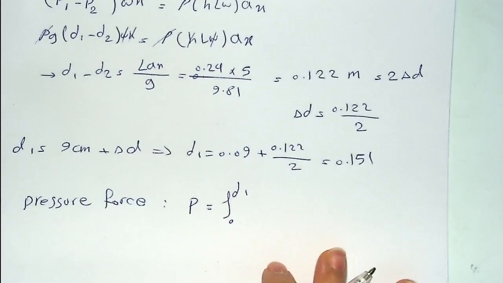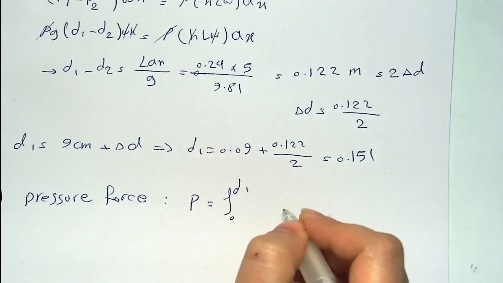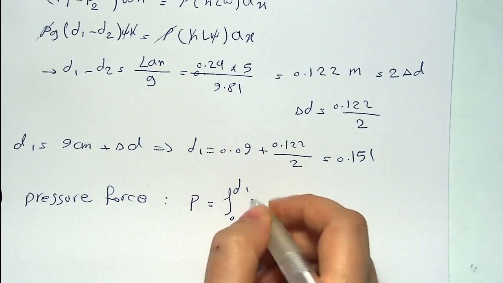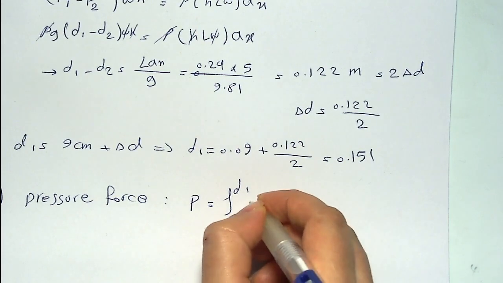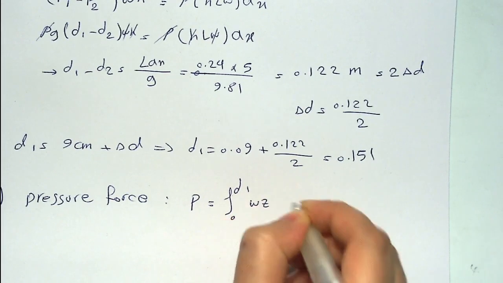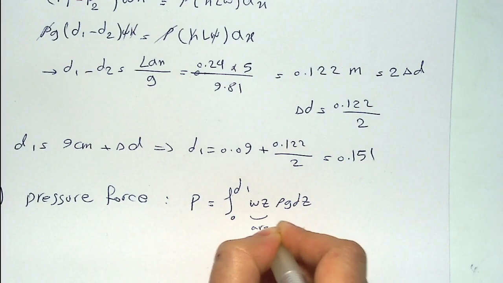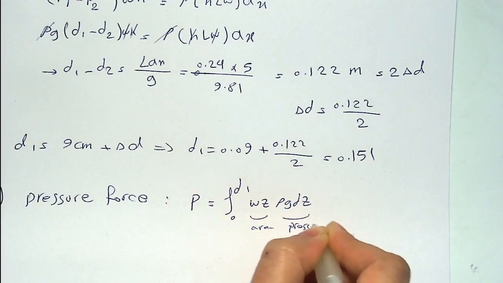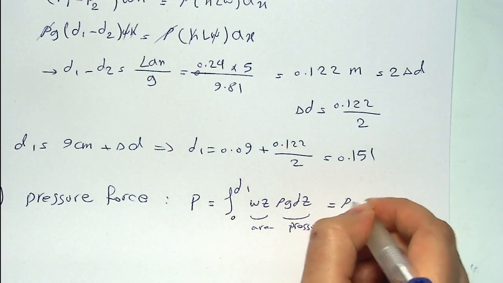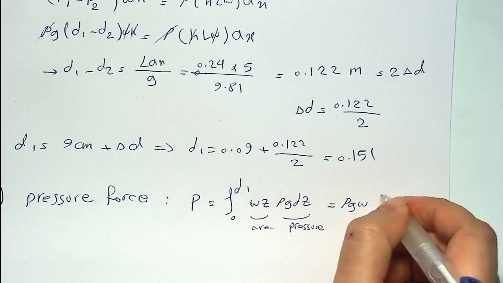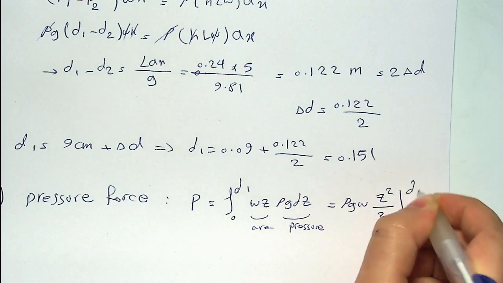Now, okay. So the force that we want is the pressure multiplied by the area. So area is WZ, and the pressure would be rho G dZ. This is area, and this is the pressure. So if you integrate this, rho GW is constant, but Z is not. So you would have this from 0 to D1.